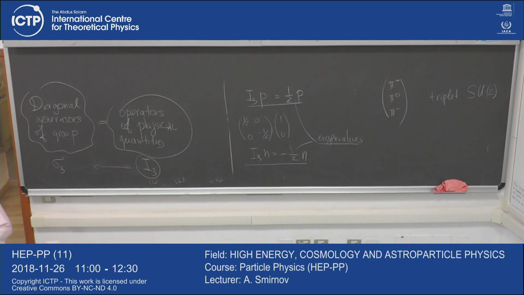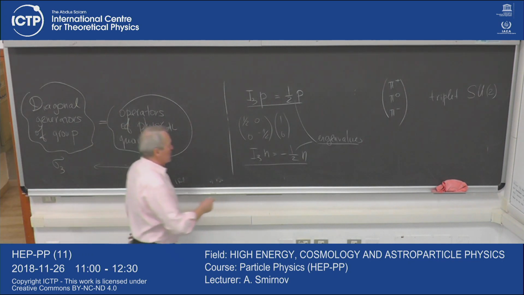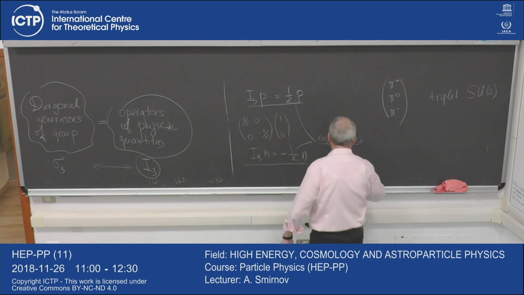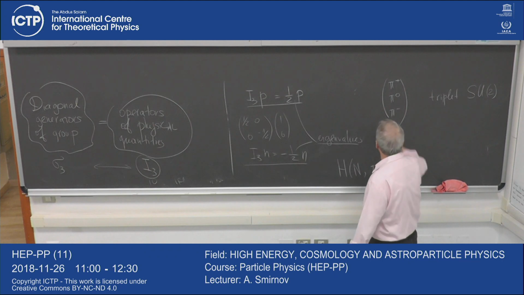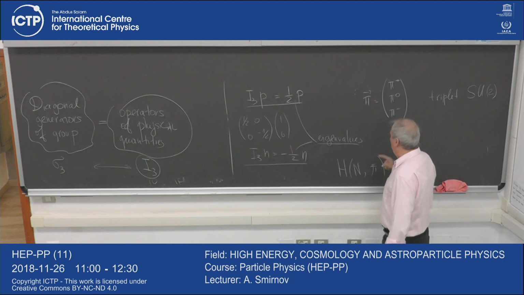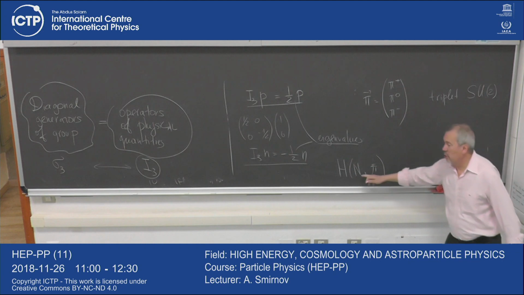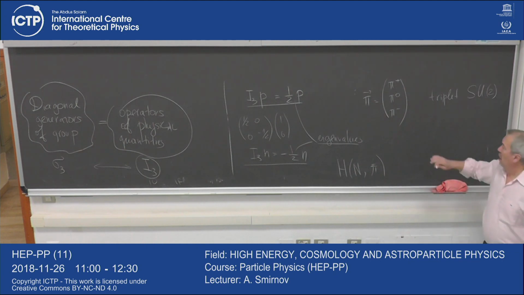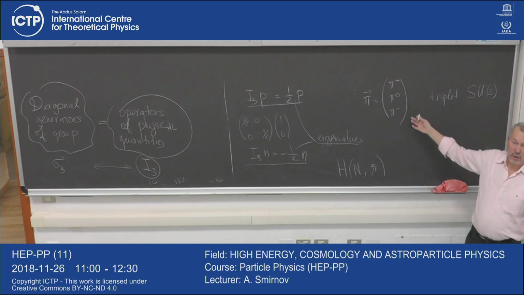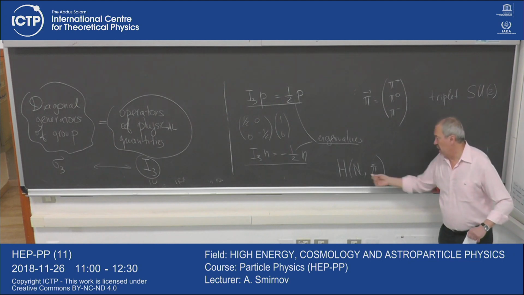And so again, behind this we always meant that our Hamiltonian, which is a function of nucleons and also pions, where we can introduce the pion as a triplet, is invariant with respect to transformations. This means that nucleons should transform under the doublet representation, since they form a doublet, and the pion should transform under the adjoint representation. As a result of these transformations, the Hamiltonian should be invariant.